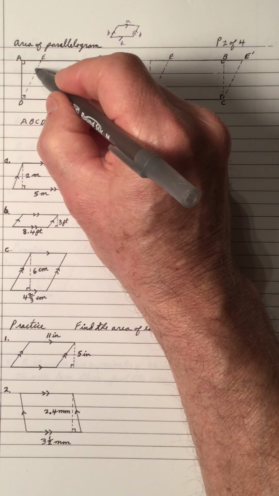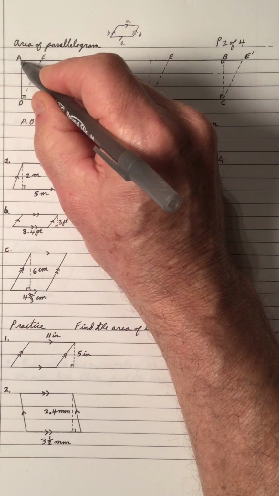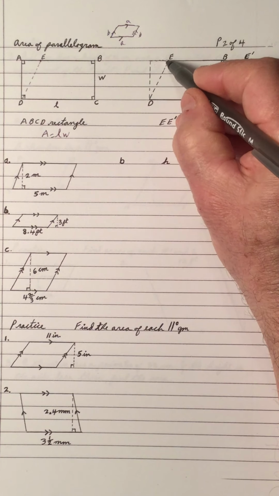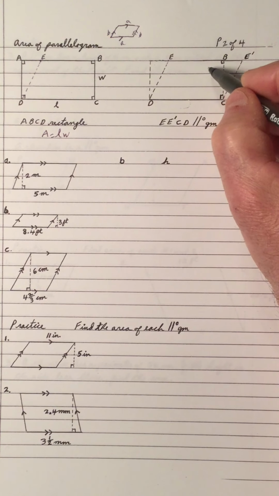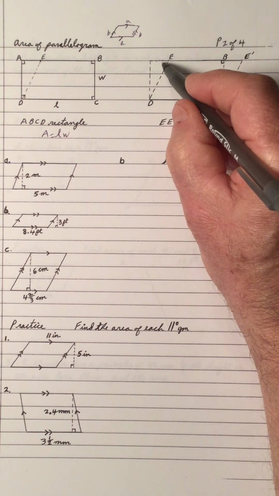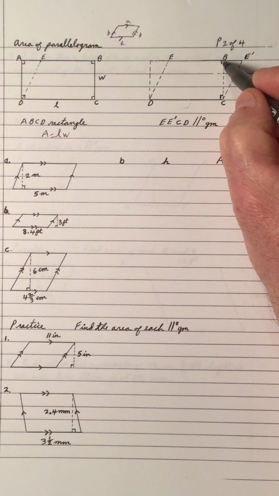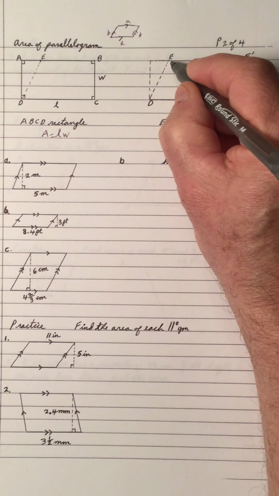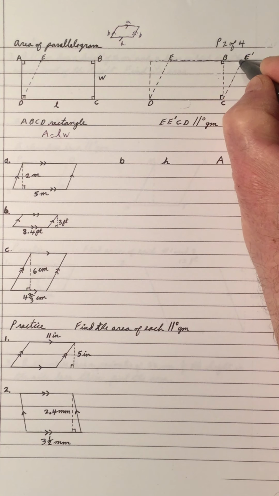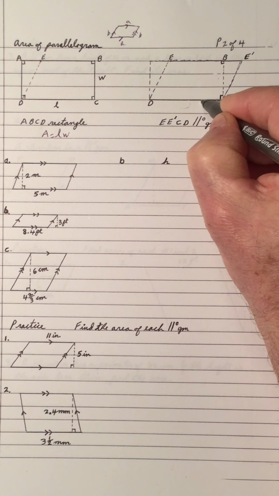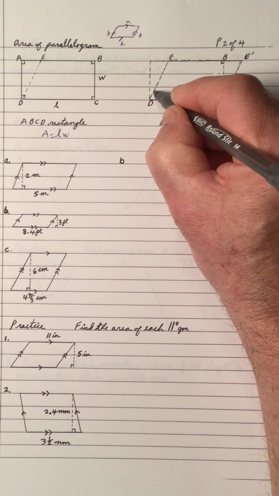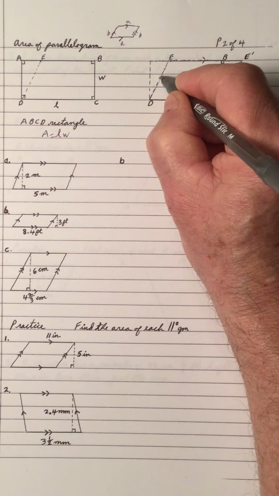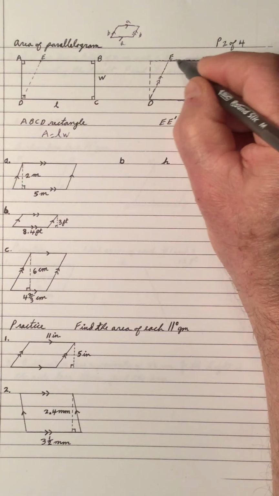If you take a scissors and cut this triangle off, and move the triangle over to the other side, on BC, now we have a figure that is the shape of a parallelogram, which has opposite sides parallel, and we know that the opposite sides are equal.